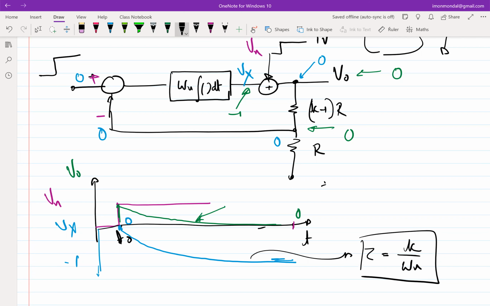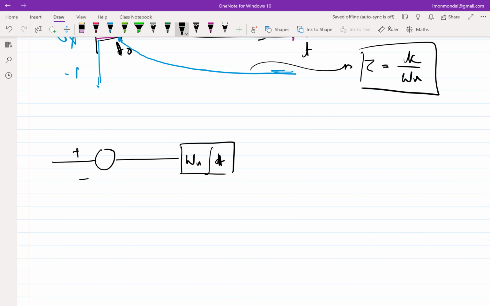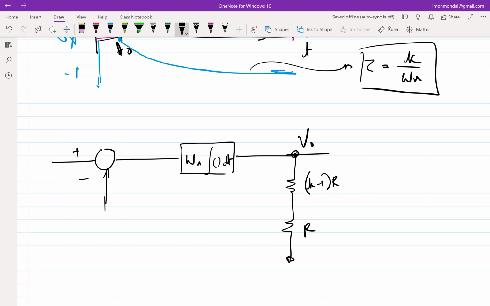Let me ask you another question then. Let's say I have applied a 1 volt excursion here, and this is grounded. What will be V naught, at steady state?